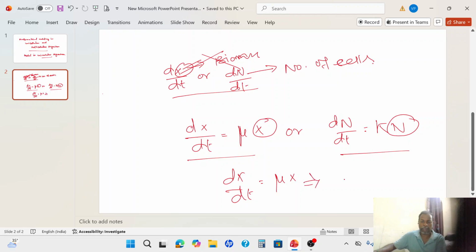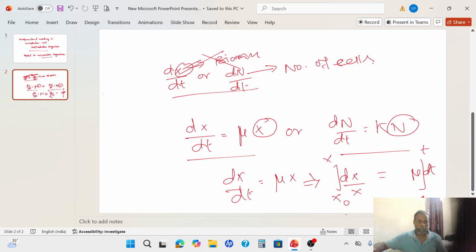When you are integrating this dx with the limit of x naught to x is equal to mu into dt from 0 to t, on the left hand side we have 1 by x into dx.